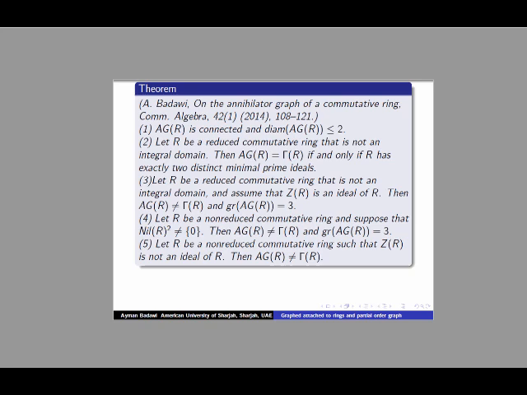So for a product of two finite fields, there is no difference between the zero divisor graph of the ring and the annihilator graph of the ring. They are equal. They are the same, according to this theorem.